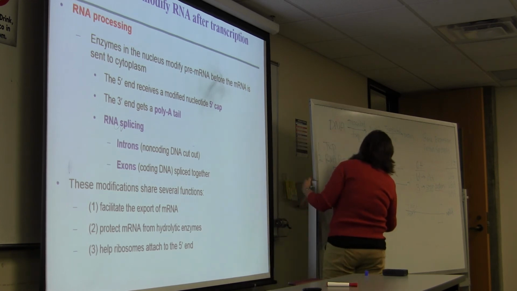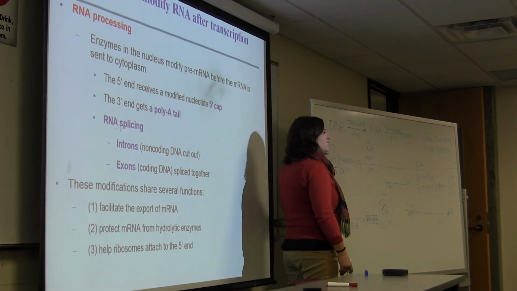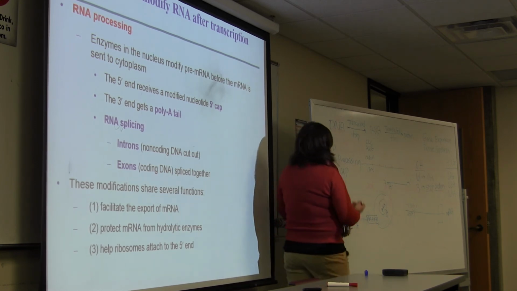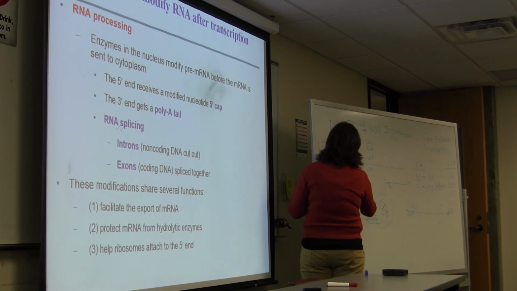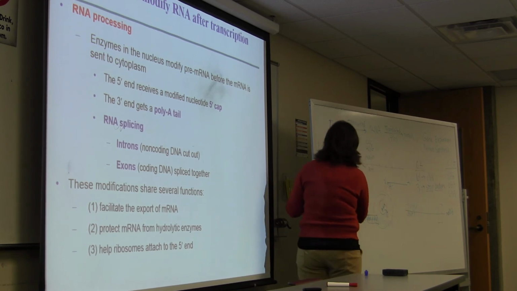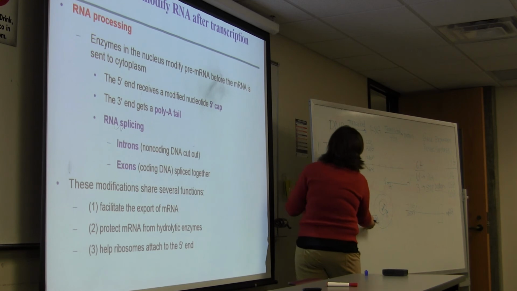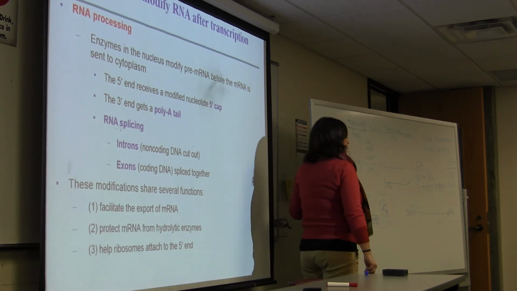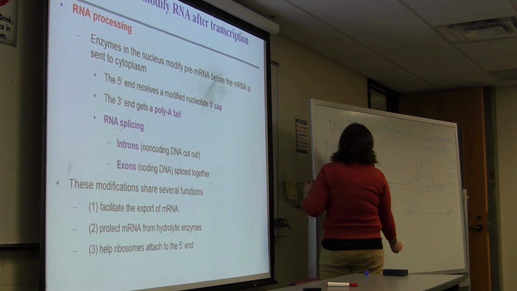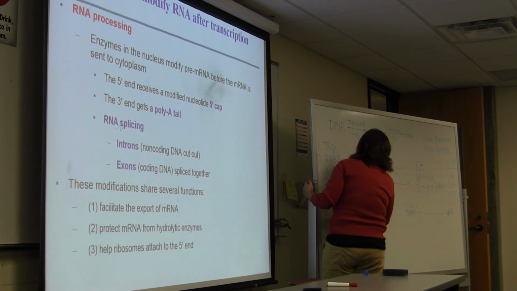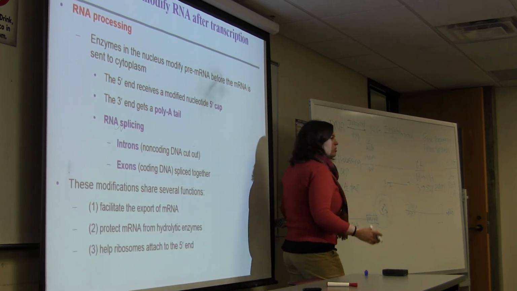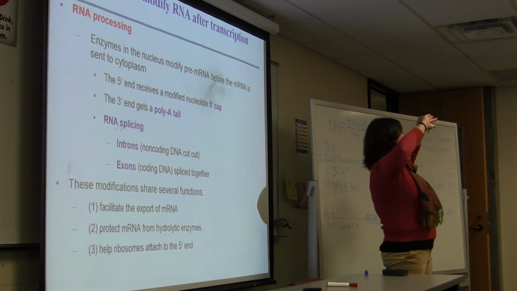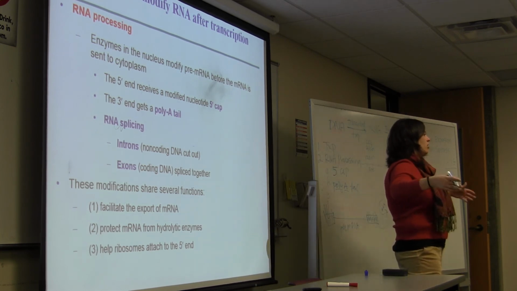But instead of being a cap, all we're doing is adding a whole bunch of adenines. And so we call this a poly-A tail, meaning there are multiple adenines at the 3' end. That way, when these enzymes come in contact, all they're doing is cleaving off adenines, which we don't really care about because it's not part of the RNA sequence. So it's just a way to prevent degradation from enzymes that are in the cell.